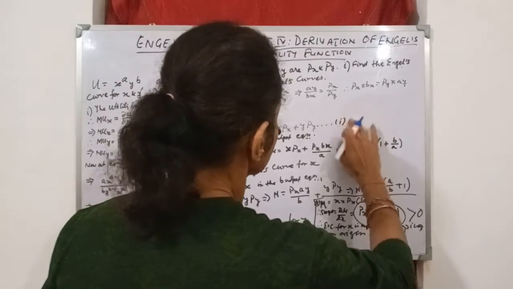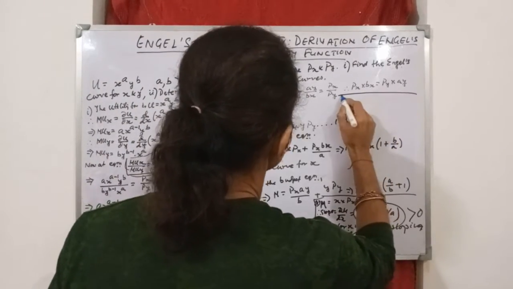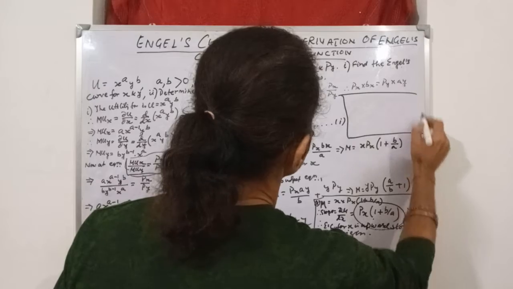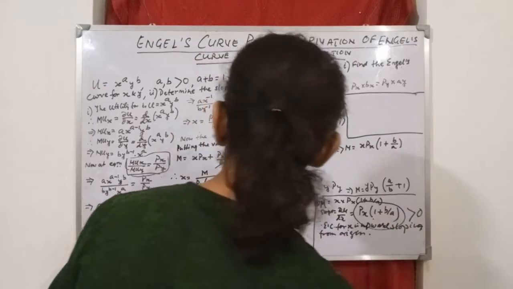Now we are doing the remaining part, that is slope of Engel's curve for y here.